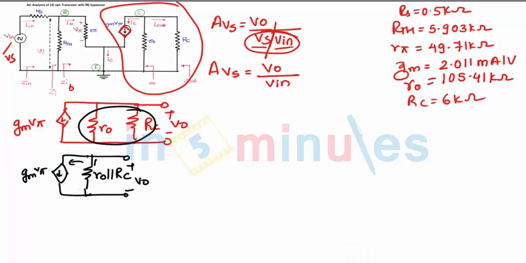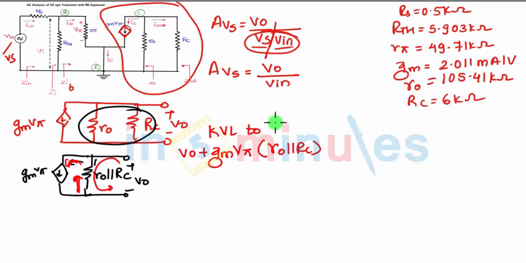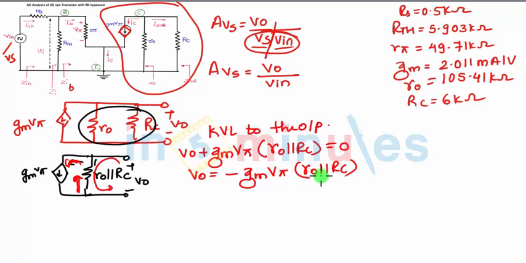The direction of current flowing over here is from this to this, so it is moving in the upward direction. So when you apply KVL over here, it will be VO plus gm into V pi, the value of the current source, into the resistance ro parallel to Rc. This is KVL at the output. So you will get VO as minus gm into V pi into ro parallel to Rc, right?